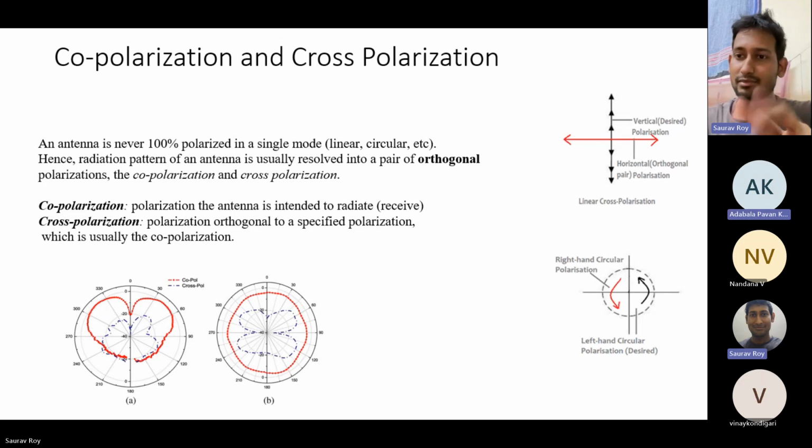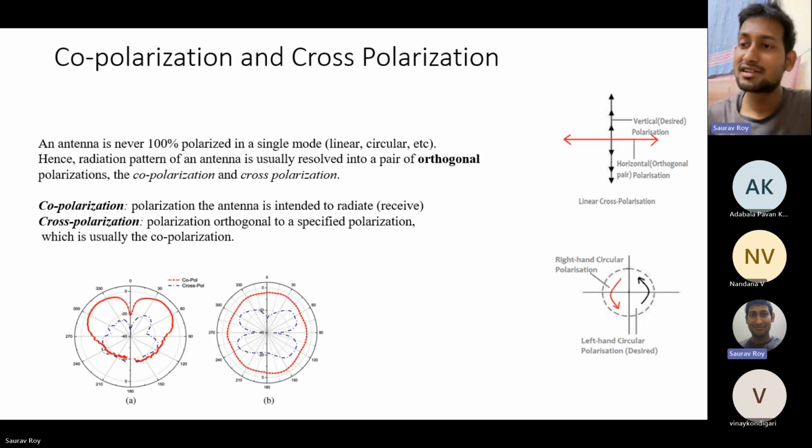Sir, the method you taught us, rotating in azimuth and elevation directions, is it the same for calculating the radiation pattern of the receiver antenna? You are transmitting power from the reference antenna.